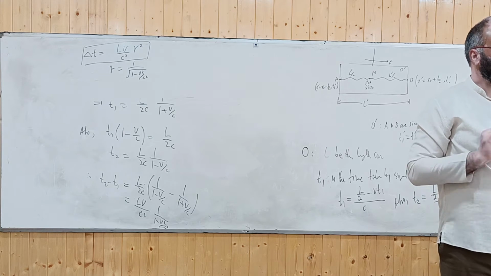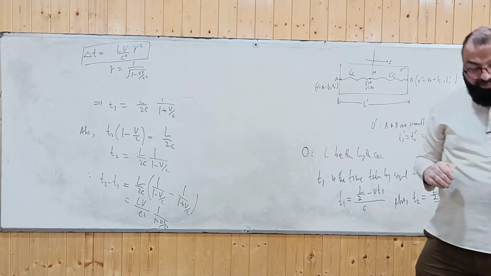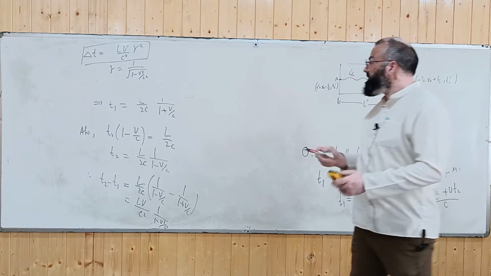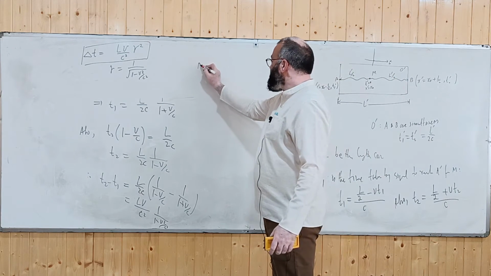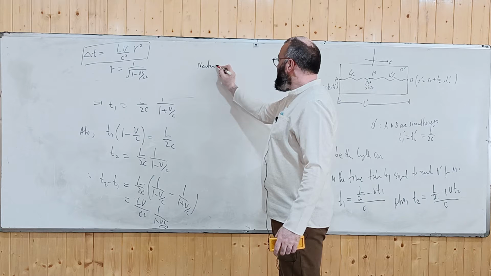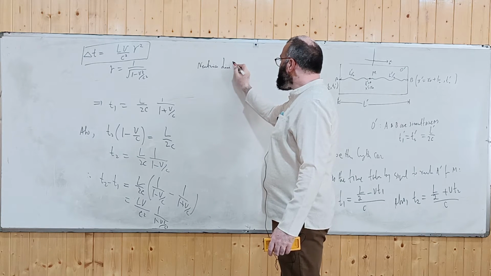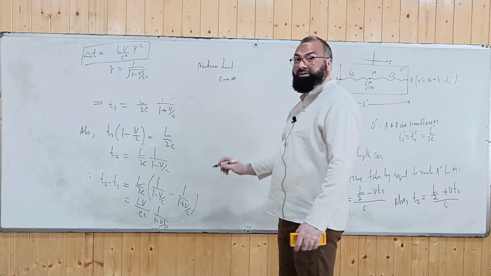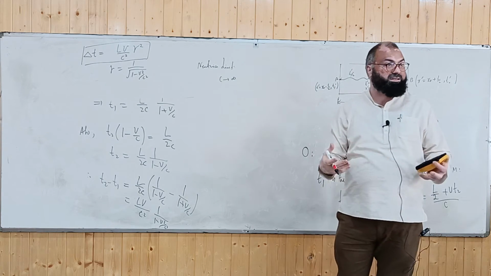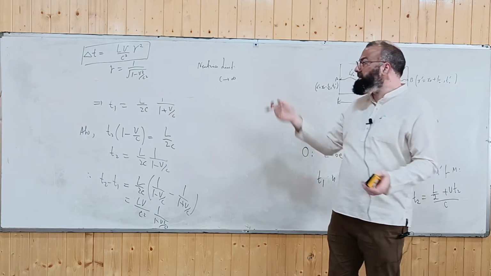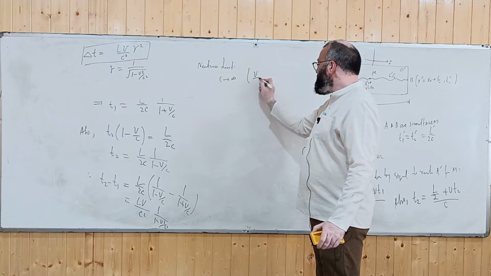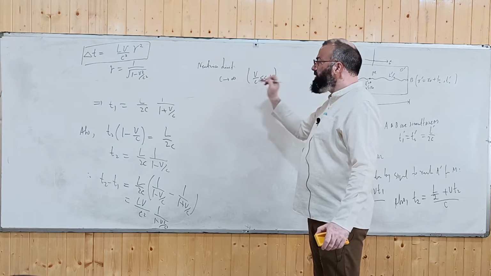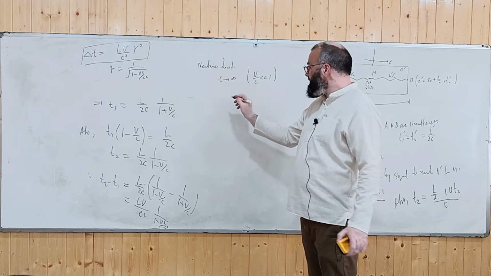Okay, now let's look at the Newtonian limit of this. In the Newtonian limit, this velocity goes to infinity, because there is no bound on velocity. Or in other words, V by C is very small, V by C is much less than 1. Tell me what will happen to this delta t?